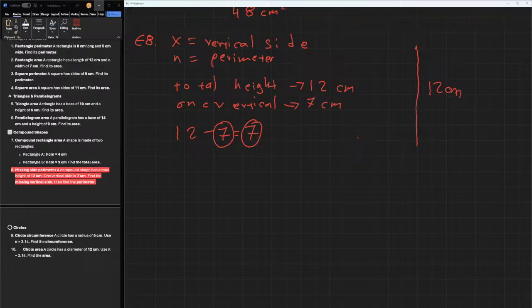I know it has a height of 12 centimeters. I know we have one vertical of 7 centimeter. We're missing one vertical, he said.